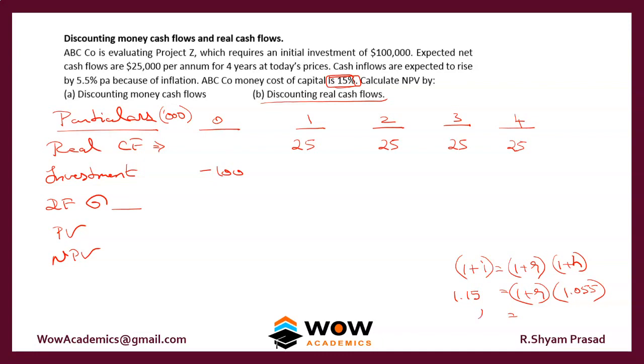So the R actually, when you solve this, comes to 9% or 0.09. So we can take the discount factor as 9, and then we can get the answer.